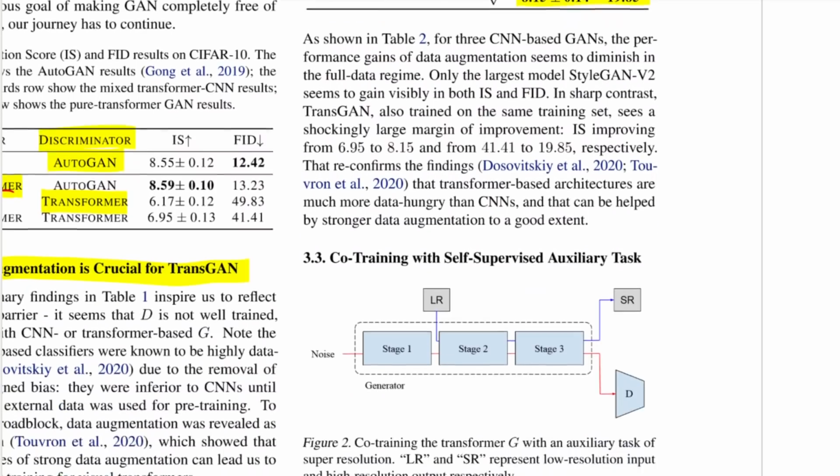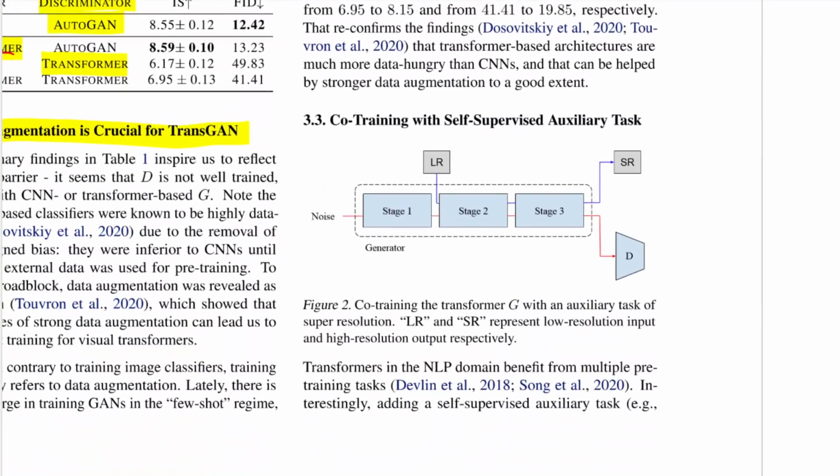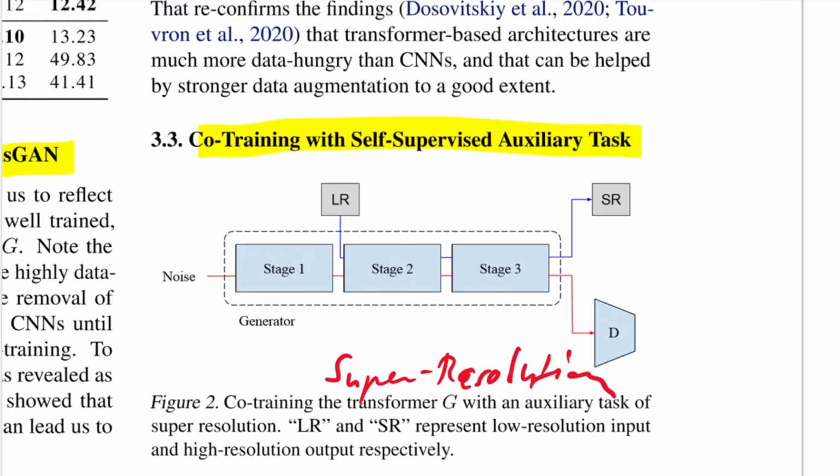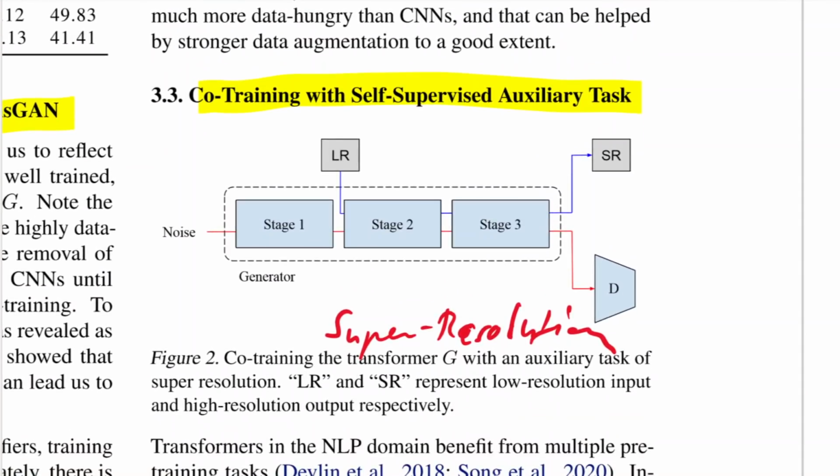So the second trick they have is this co-training with the self-supervised auxiliary task, and specifically they do super resolution. So this here is a super resolution task, right? And what they mean by this is simply that, in addition to the whole GAN training, right?